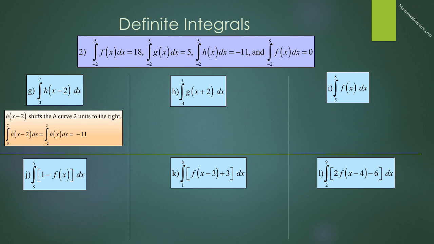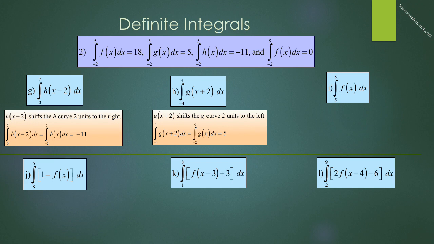So the integral from 0 to 7 of h of x minus 2 dx is really the integral from negative 2 to 5 of h of x dx. Again, if we shift the h curve 2 units to the right, our limits now become 0 and 7. And we know that that answer is negative 11.